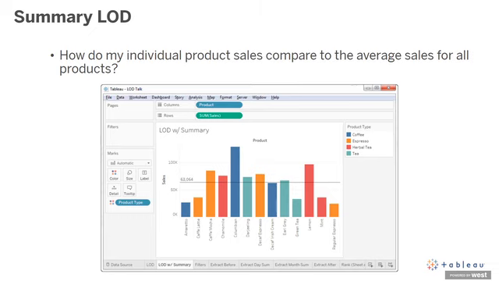So here we have a visualization where I have the same information as before, the product, the sum of sales, and the product type. But I've now got this reference line, which is showing me the average sales of all these different products. And I can now ask a question like, how do my individual product sales compare to the average sales for all products?